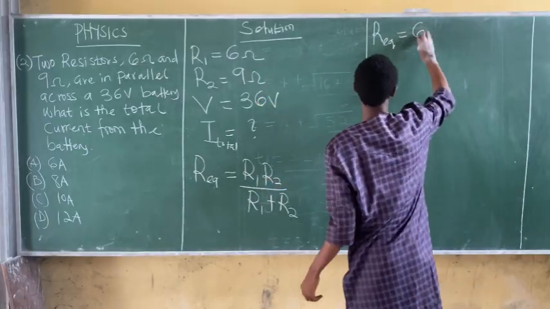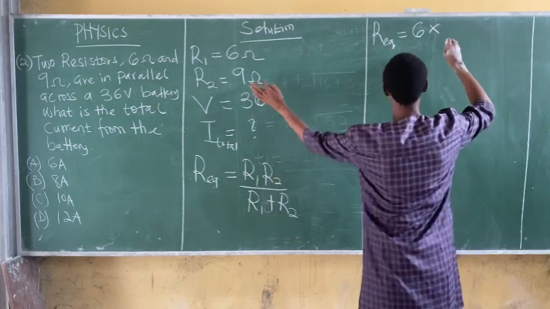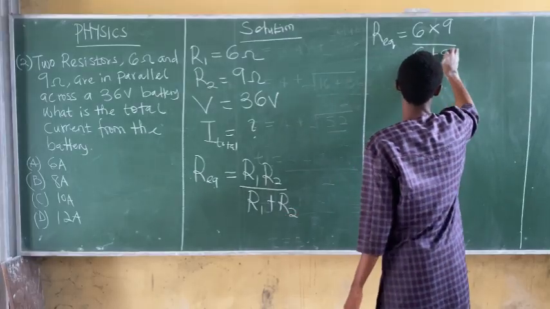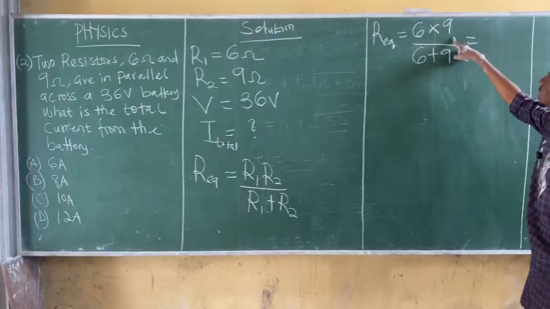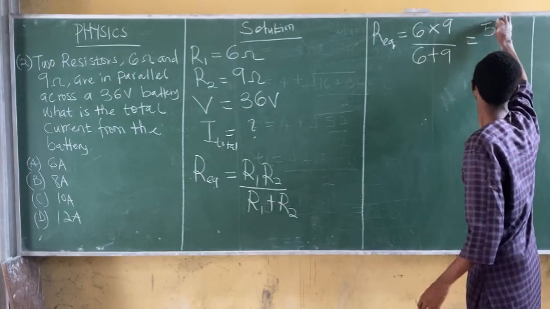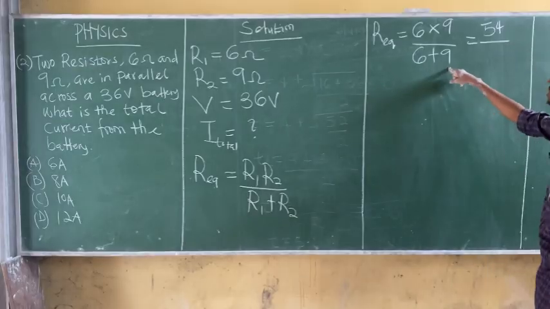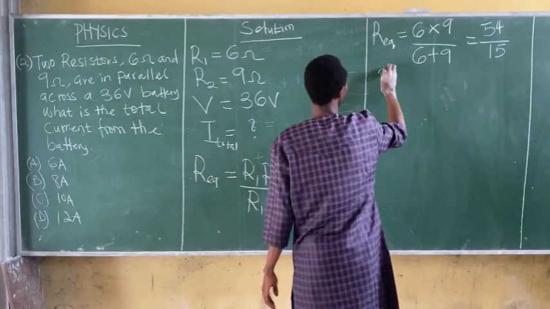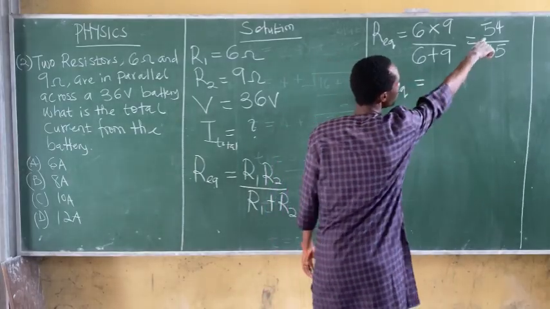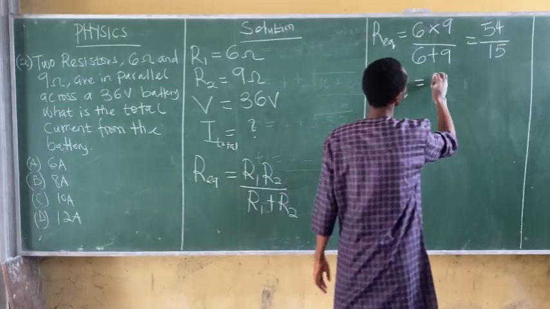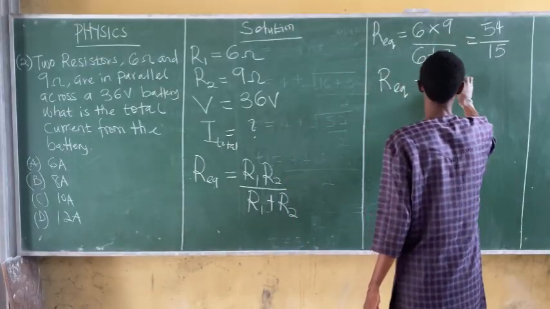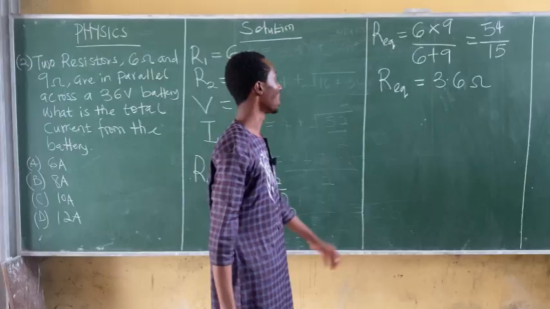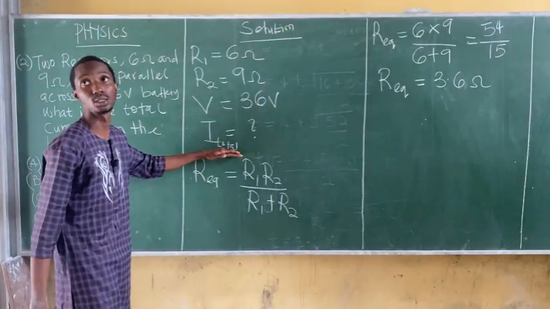Our R1 here is 6 ohms times R2, which is 9 ohms, divided by R1 plus R2, which is 6 plus 9. 6 times 9 will give us 54, divided by 6 plus 9, which is 15. Now we have 54 divided by 15. The equivalent resistance is 3.6. Don't forget the unit for resistors is ohms.